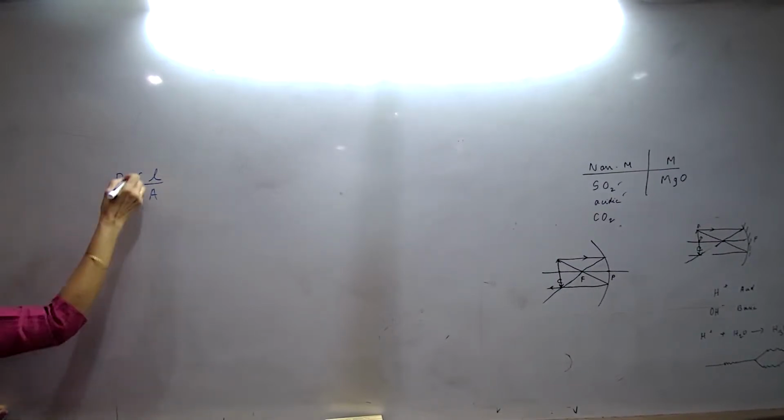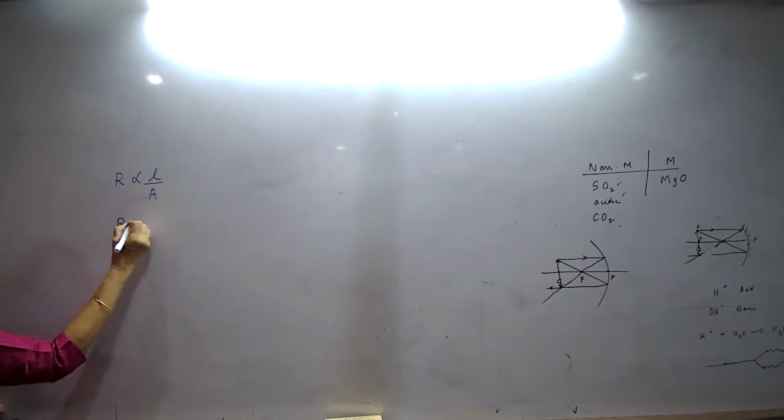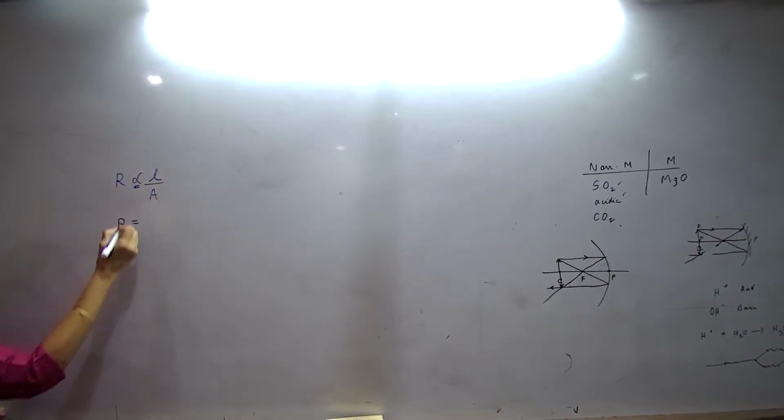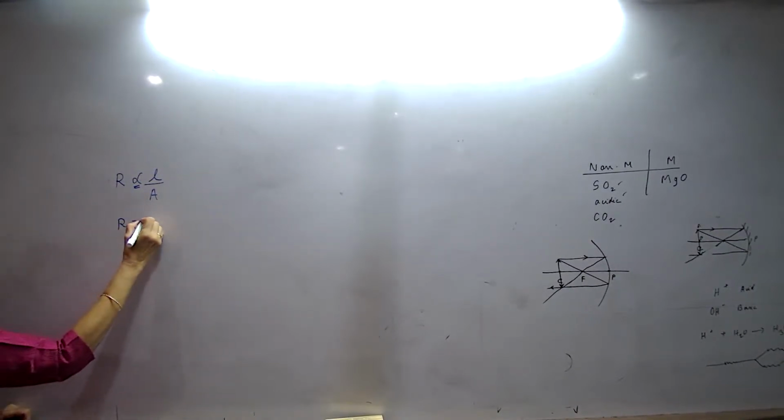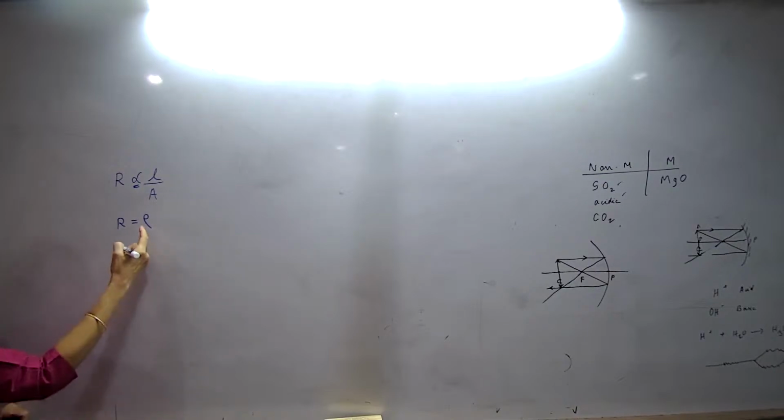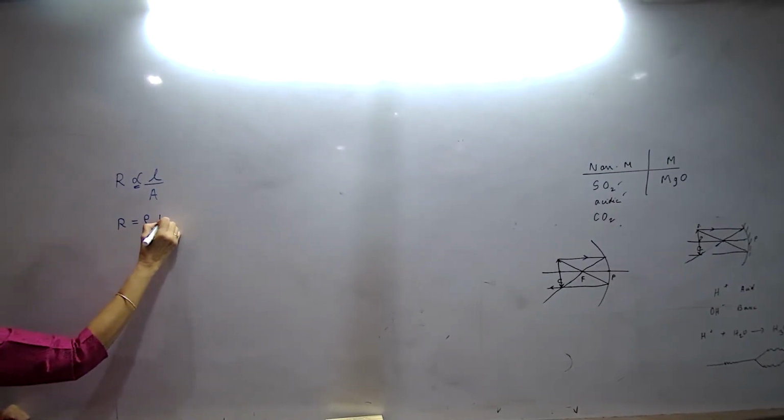If the area becomes smaller and smaller, obviously the resistance will be more. R is capital R, resistance, not resistivity. So if I combine these two, we are getting this. So in order to remove this sign of proportionality, we are putting a constant, and that happens to be your resistivity. So rho L upon A.